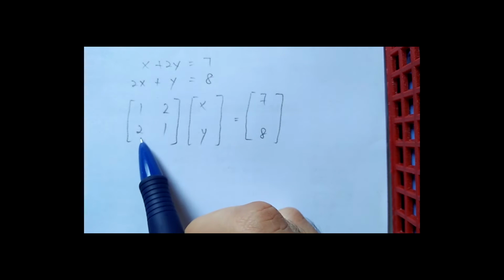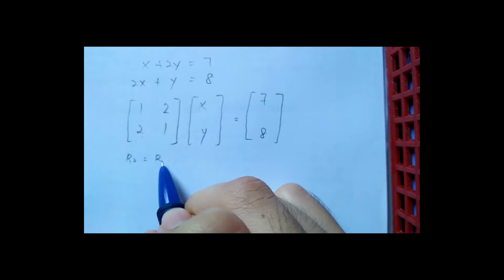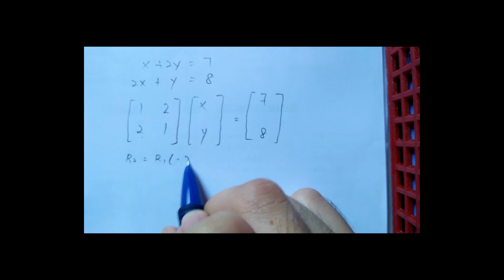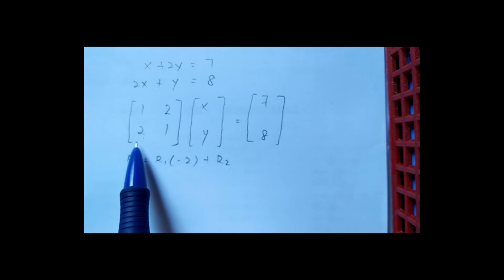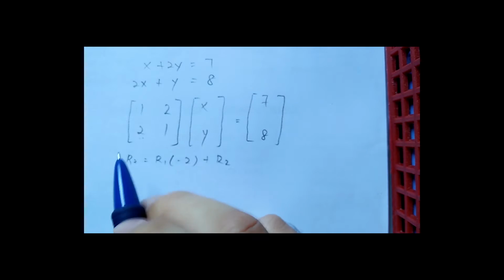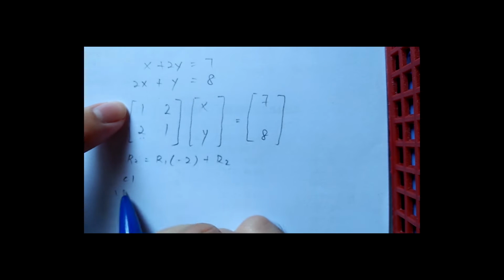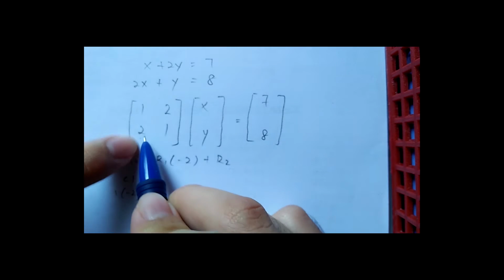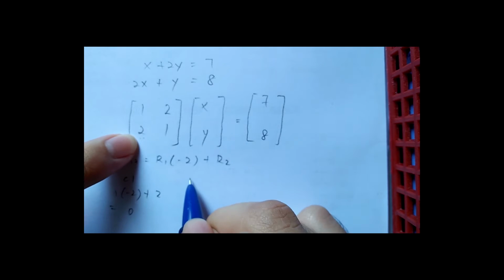After this, we have to convert this to 0. So the formula is row 2 equals row 1 times negative 2 plus row 2. We apply this equation to row 2. Column 1: row 1 is 1 times negative 2 plus row 2, so the answer is 0.